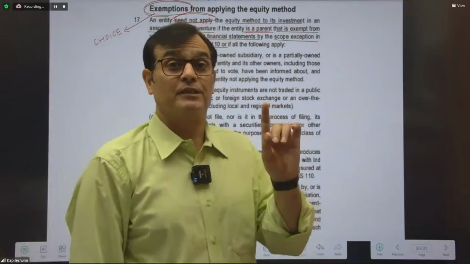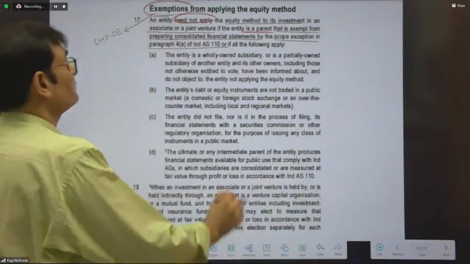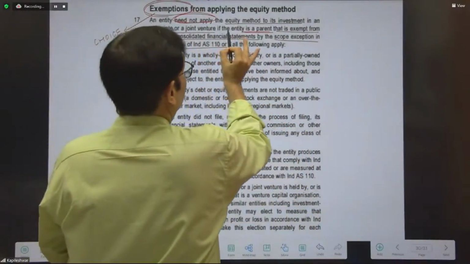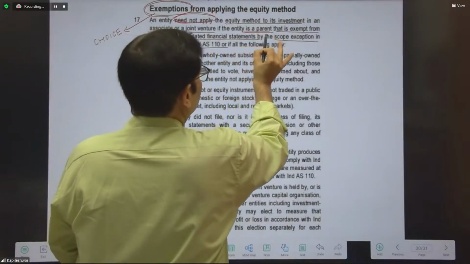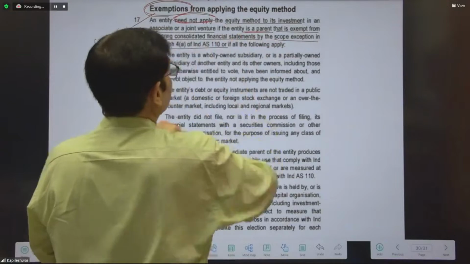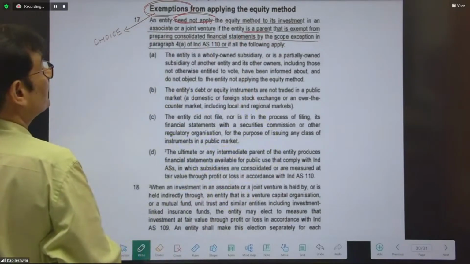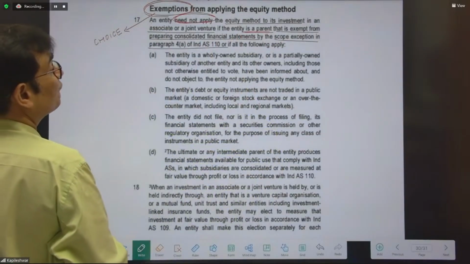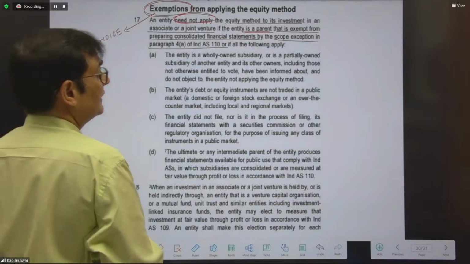Now let me visualize the first case which he's talking of. He says if the entity is a parent that is exempt from preparing consolidated financial statements by the scope exception in para number 4A of Ind AS 110.